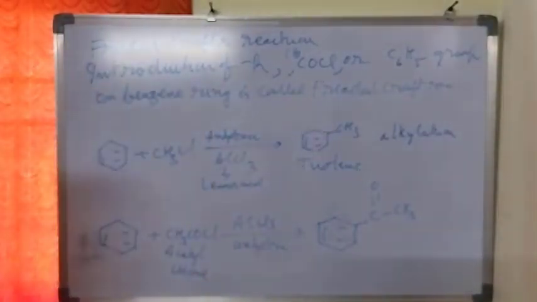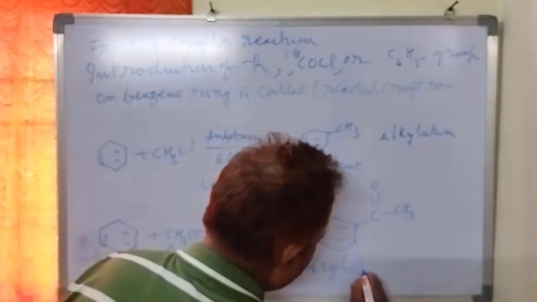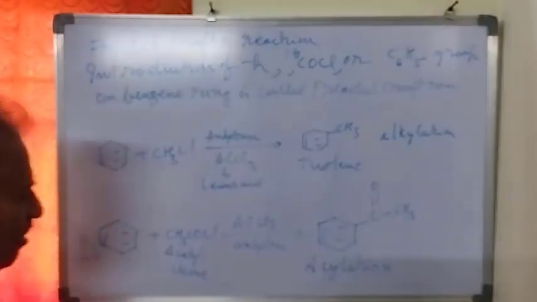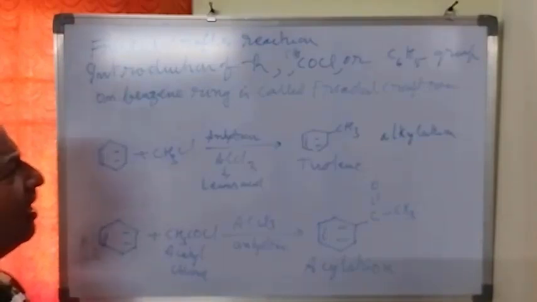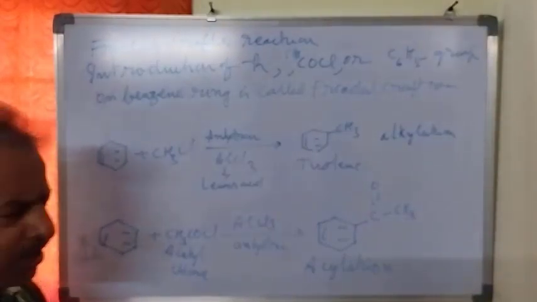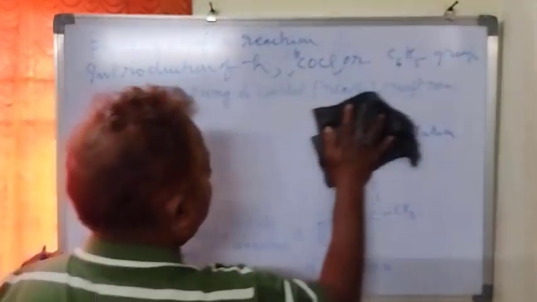Since an acetyl group is introduced, this is referred to as Friedel-Crafts acylation. So Friedel-Crafts reaction is that in which groups like alkyl, acyl or benzoyl are introduced on the benzene ring in the presence of anhydrous aluminum chloride, and the reaction is referred to as a Friedel-Crafts reaction.